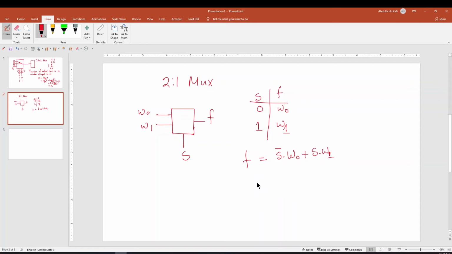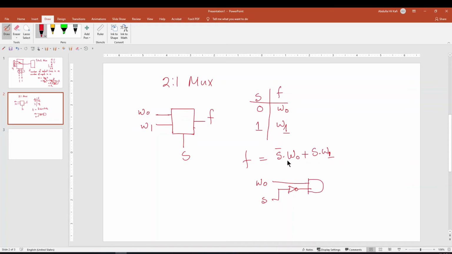So you have W0 over here, and it will go to an AND gate with the S bar. So if we have S over here, we need an inverter over here. So these two are ANDed, right? Okay.